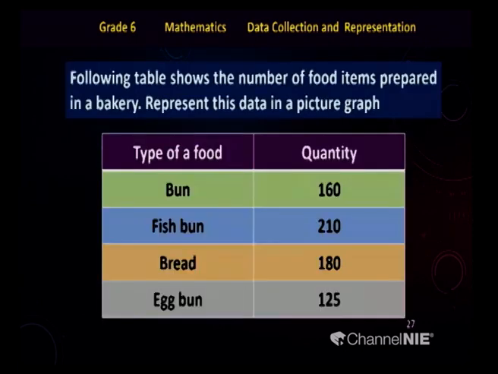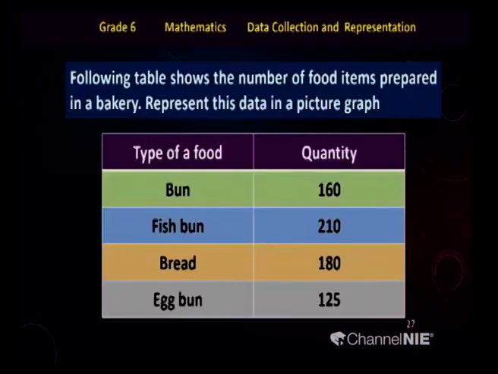Then we'll see this table. What do you think about these quantities? These quantities are more than 100. So, we can use a large number for a symbol. We have to use a large number to represent those foods in the bakery.